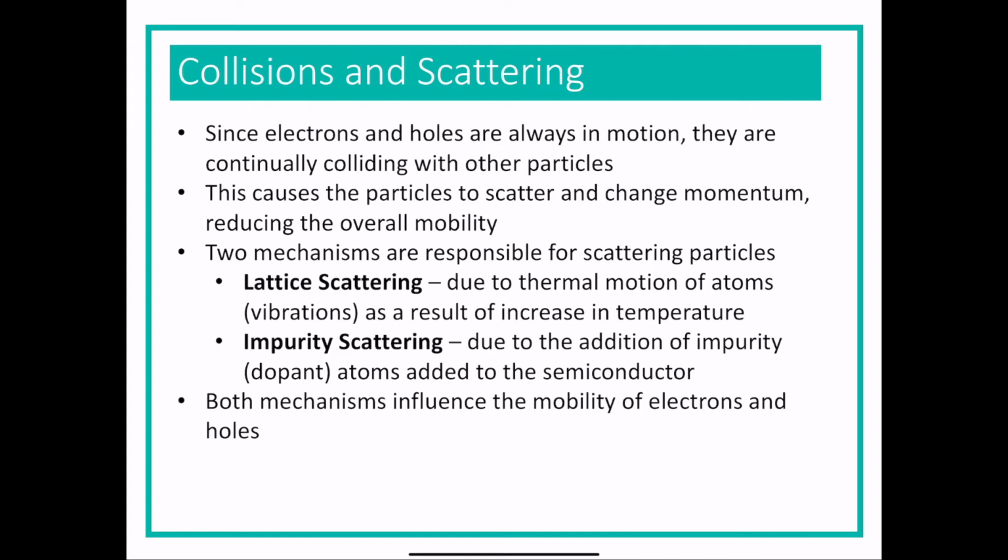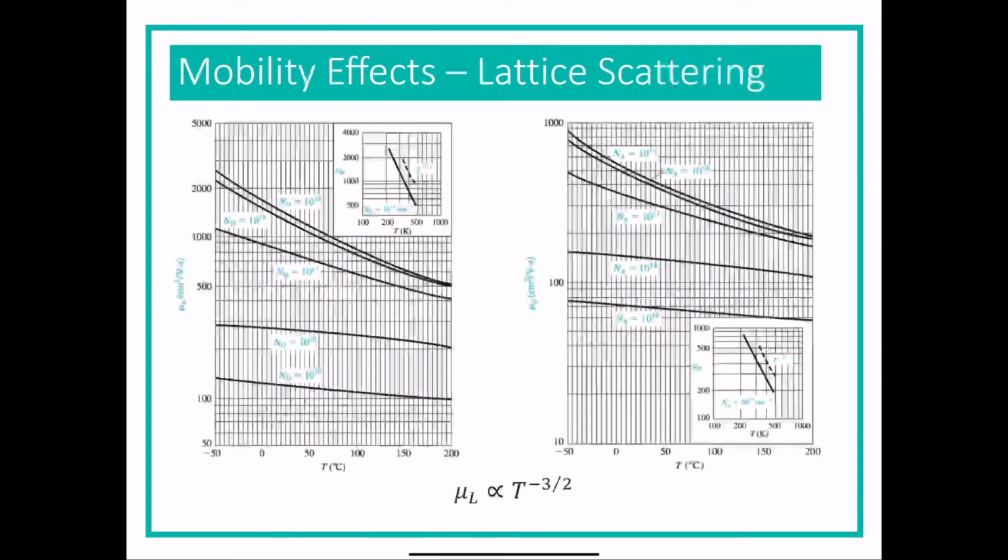A lot of this is theoretical, so I go through it kind of fast, because calculating the drift current is the calculation we make, and everything else is just telling you why it is the way it is. The mobility related to lattice scattering is proportional to the temperature to the -3/2. This is inversely related to the temperature.